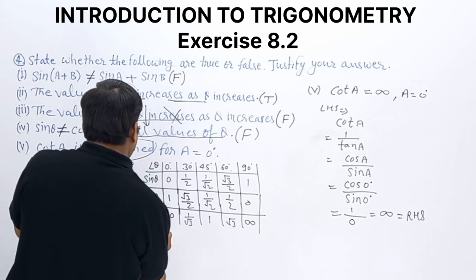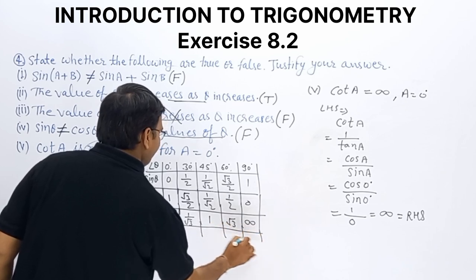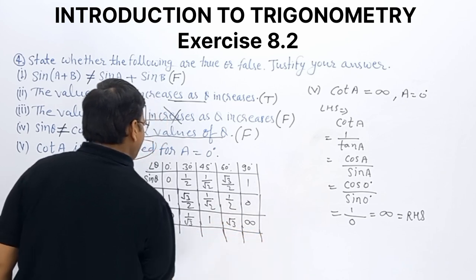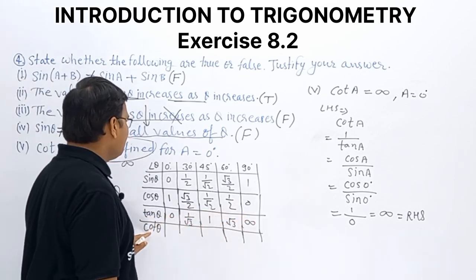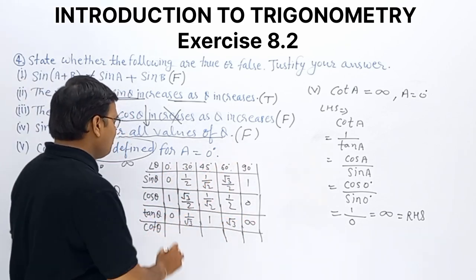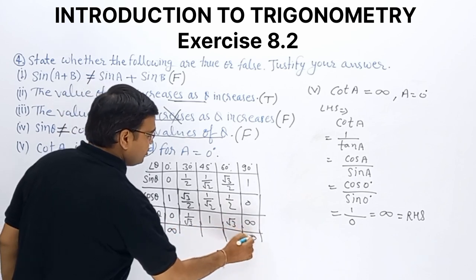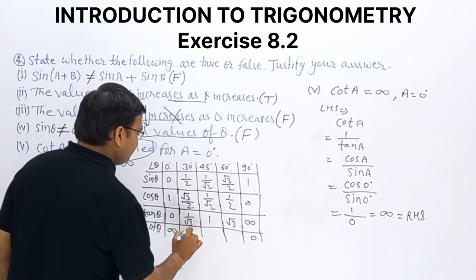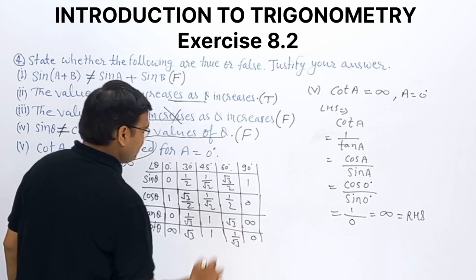But cot theta values will be what? Tangent theta increases from 0 to infinity, but cot theta, once theta increases, its value is going to decrease from infinity to 0, with 1 upon square root of 3 in between.